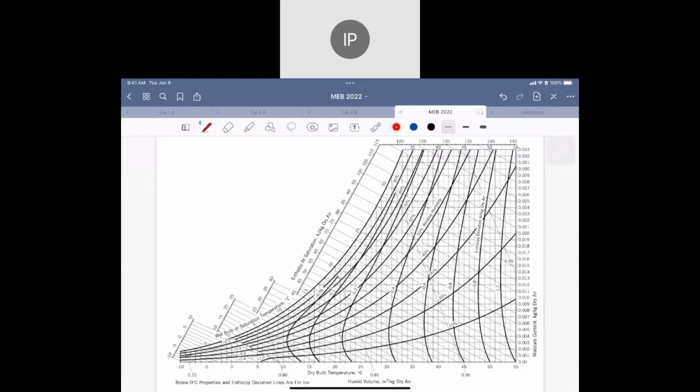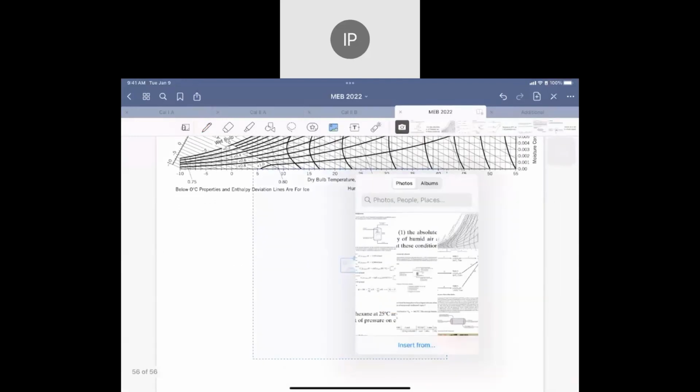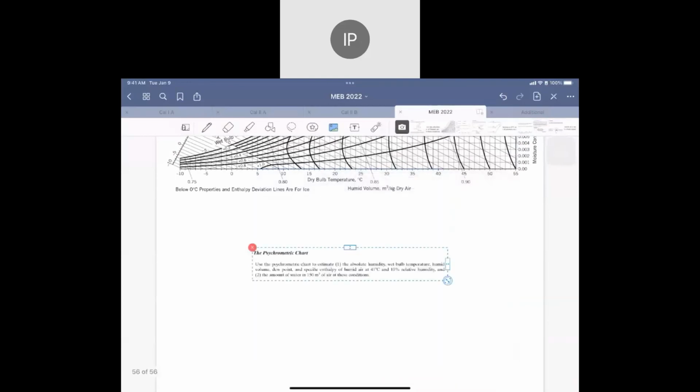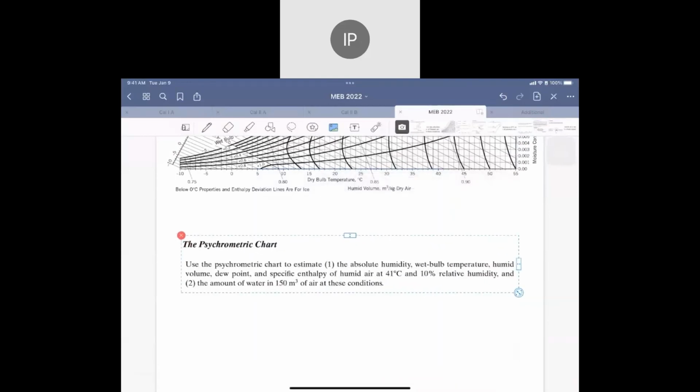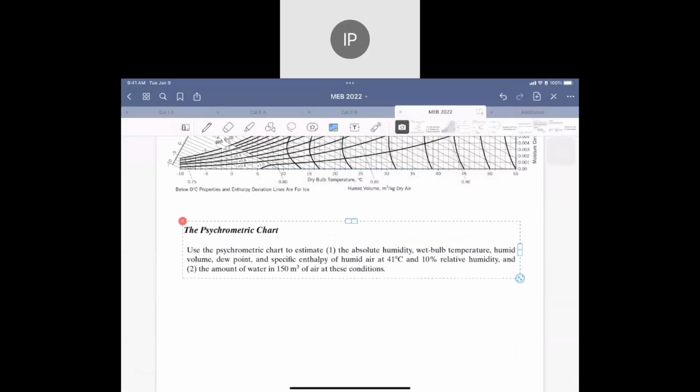Okay, let me just go through the question. Use the psychrometric chart to estimate absolute humidity, wet bulb temperature, humid volume, dew point, and specific enthalpy of humid air at 41 degrees Celsius and 10% relative humidity, and the amount of water in 150 meter cube of air for all these conditions.